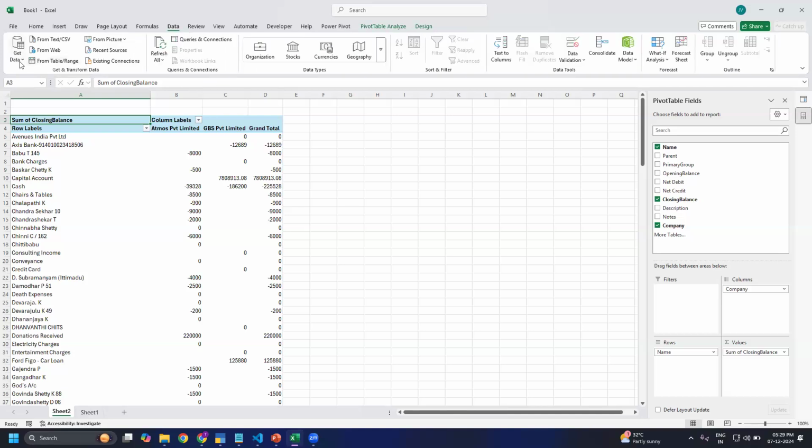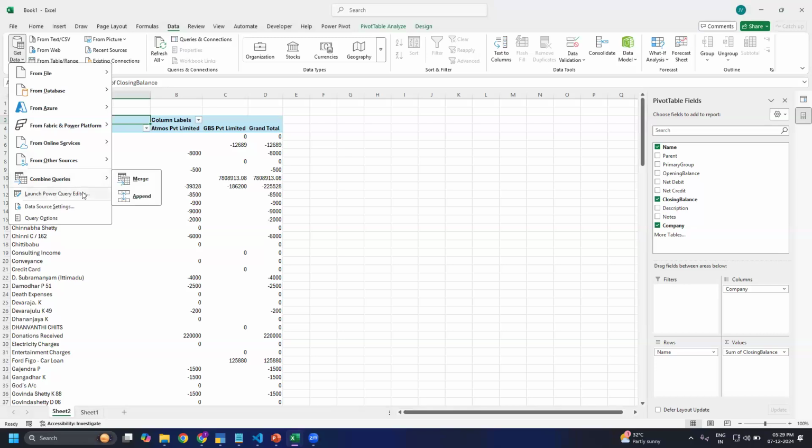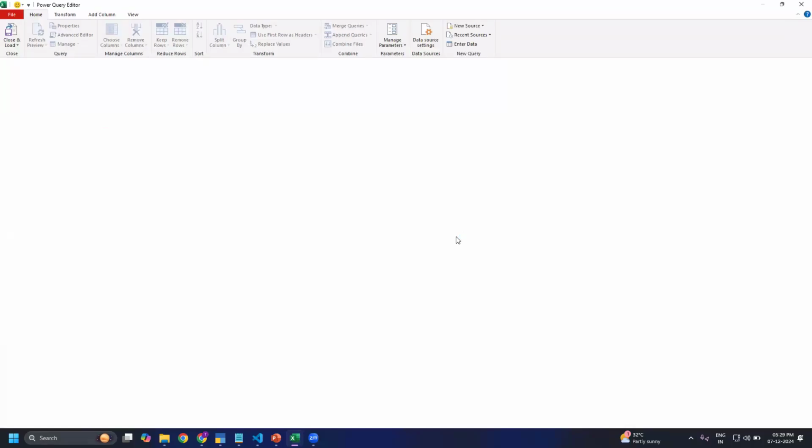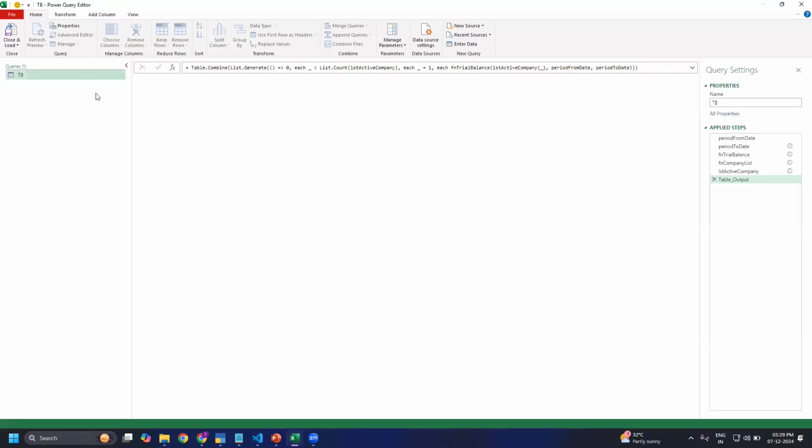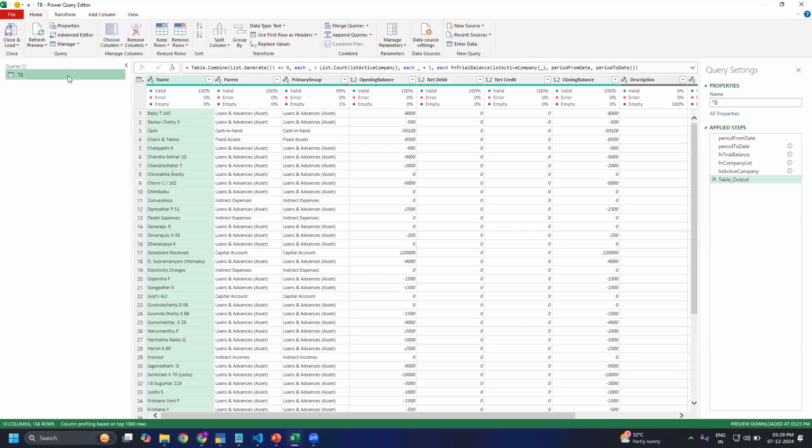Get data. Then launch Power Query editor. So it will open again in the Power Query editor window. This TB. So now we will take another new source.